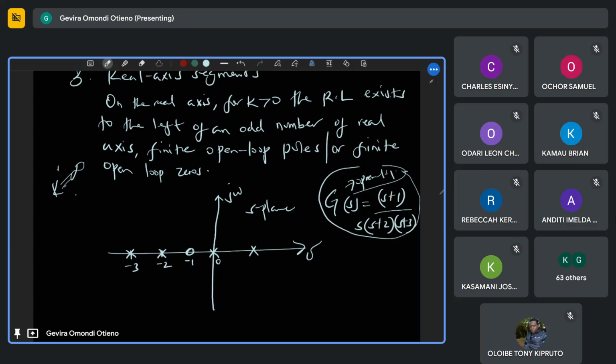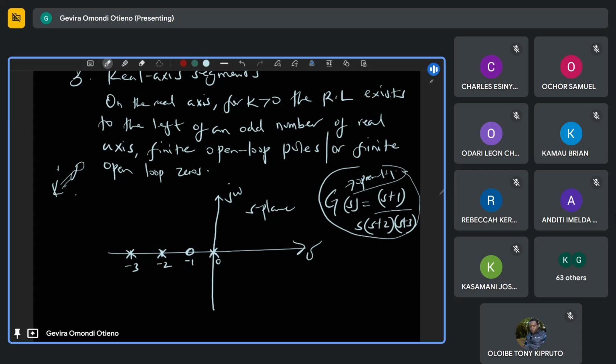So in our case, the rightmost is a pole, and it is at the origin. If I want to know where the root locus lies on the real axis, it is always to the left of an odd number of either a pole or a zero. So you come and say, this is the first pole.